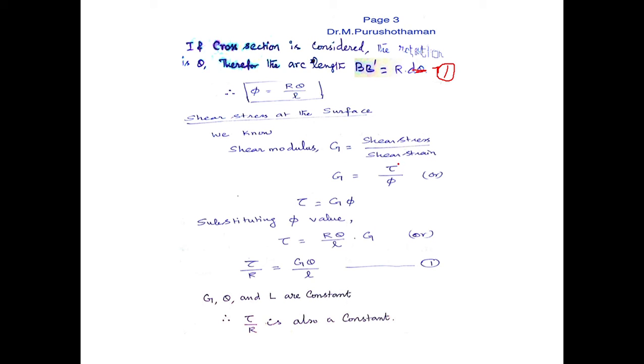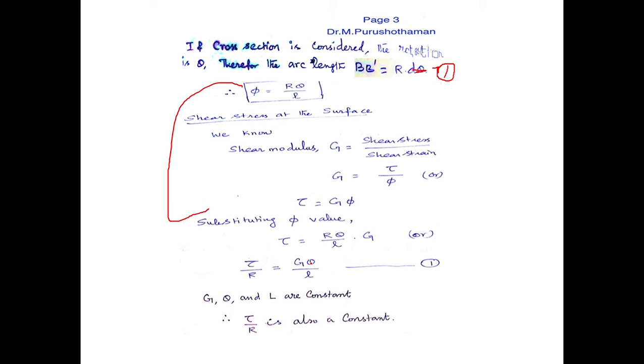Shear stress is tau, shear strain is phi, shear modulus is G. So if you want the shear stress tau, tau is equal to G phi. Now putting this phi value here, tau is equal to, instead of phi, R theta by L.